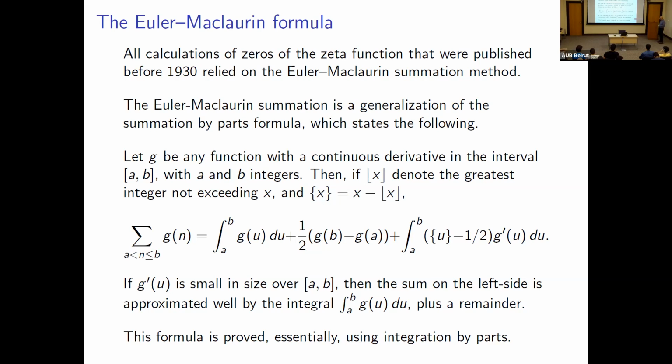If the derivative of g is small in size over the integration interval from a to b, then you can bound this by something small, right? And this is the idea of Euler-Maclaurin. If your derivative is small enough, then you can approximate this sum by an integral plus a boundary term. And this whole formula is proved using integration by parts from calculus.